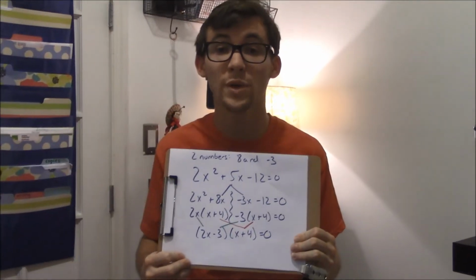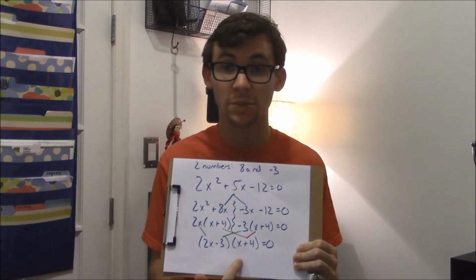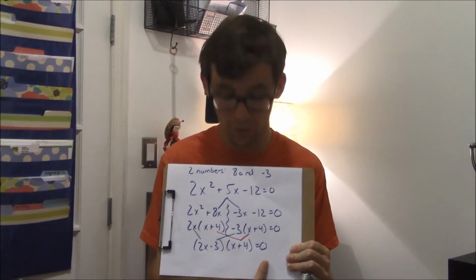And come back together in 3, 2, 1, time. What we should have come up with is 2x minus 3 times x plus 4 is equal to 0.